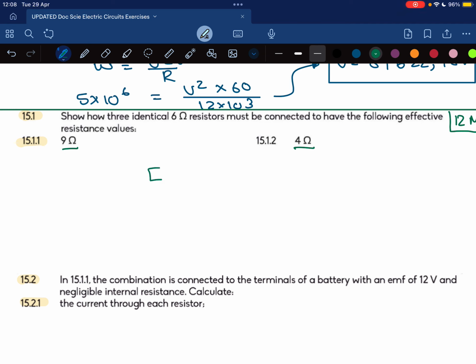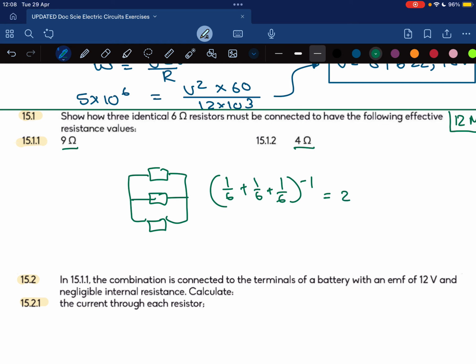Then if we do parallel, it's 1 over 6 plus 1 over 6 plus 1 over 6, all to the power of negative 1. If we do that, you get 2 ohms, which also isn't one of these two.